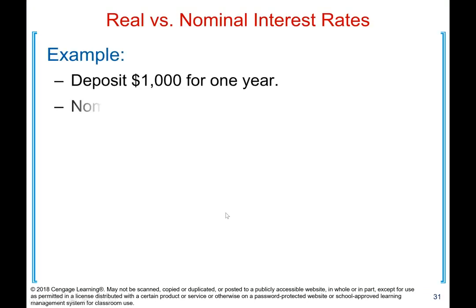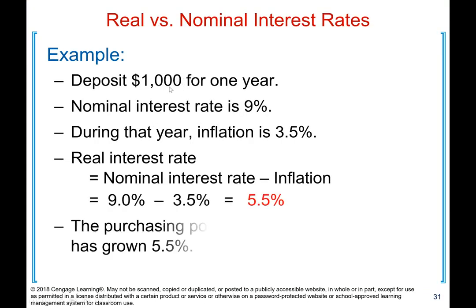Okay, so in this example, if you deposit $1,000 in a bank and leave it for 1 year, and the bank is paying you 9% interest, during that year the inflation rate was 3.5%. Real interest rate is nominal interest rate minus inflation.